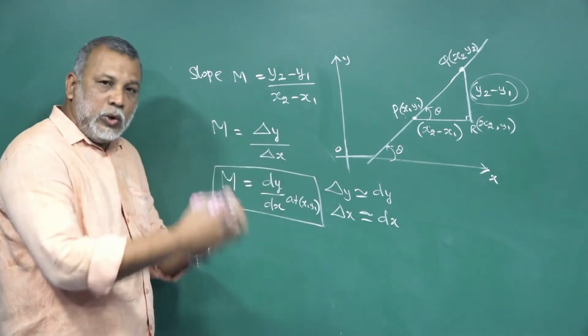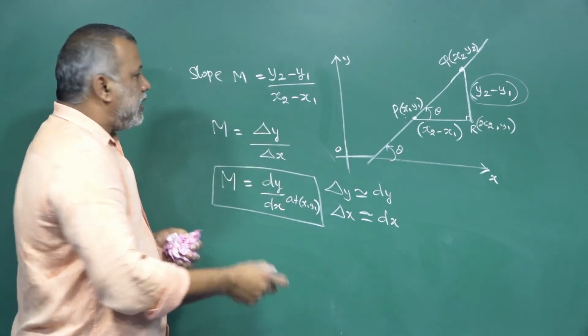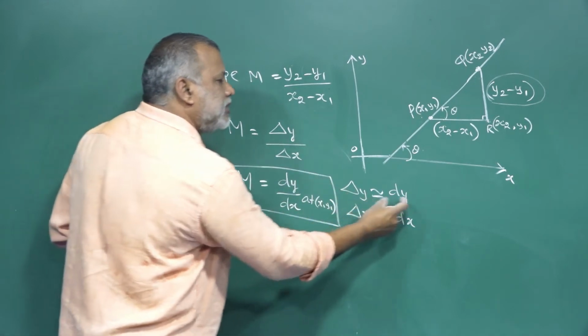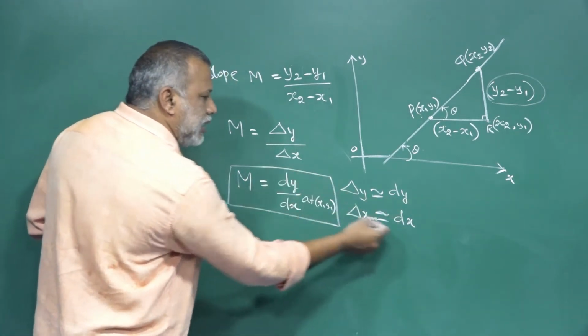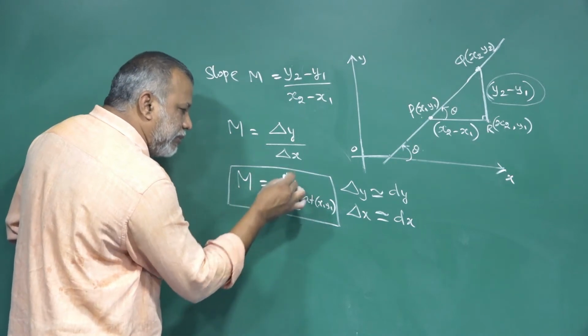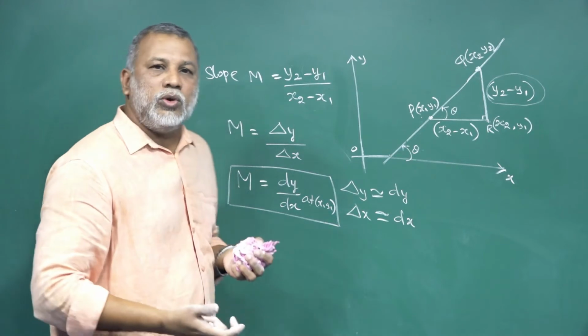Here we have a new formula: y2 minus y1 is del y, and x2 minus x1 is del x. This del y is approximately equal to dy, del x is approximately equal to dx. Therefore, slope m equals dy by dx at the point x1 comma y1. So we have one more new formula.